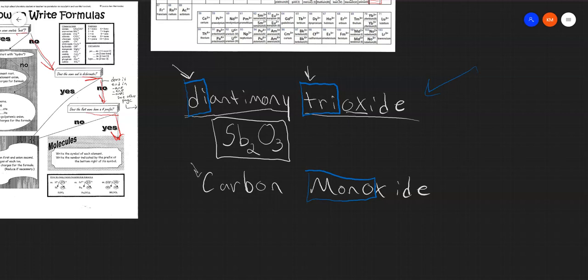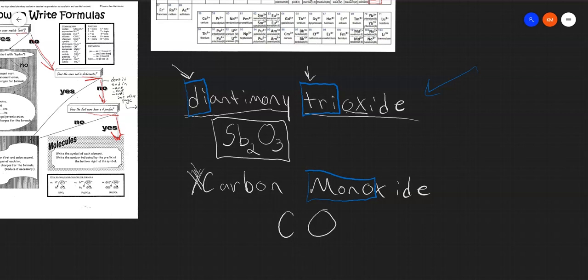I know that oxide is O. Carbon, it's fairly common. Hopefully you know it's C. There's no prefix on carbon, so I don't have a subscript. And mono is the prefix on oxygen, so my subscript would be 1, except, like I said, in chemistry, we don't like writing ones. And so it's just CO.